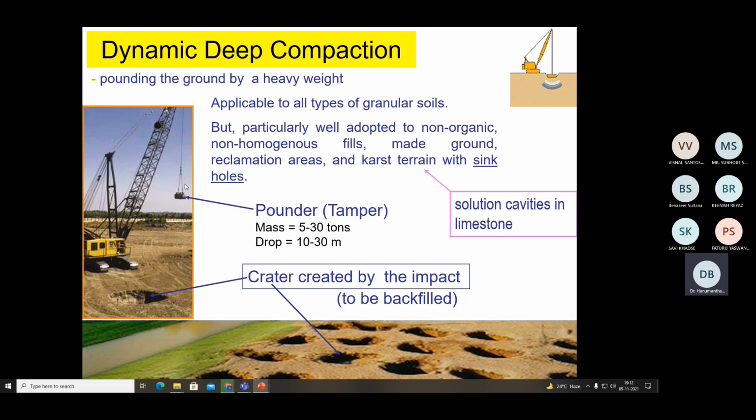So it is obvious that upon reaching the ground it densifies the soil instantaneously, but at the same time you can witness the formation of such a thing in the form of a crater. So this is called a crater. This crater is created by the impact.